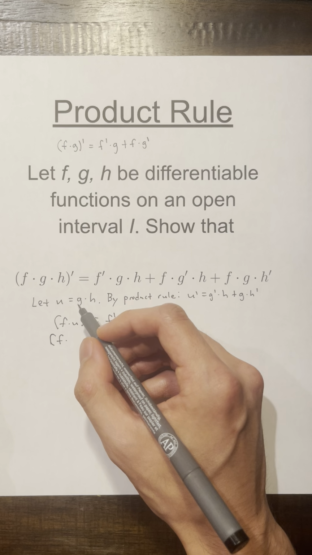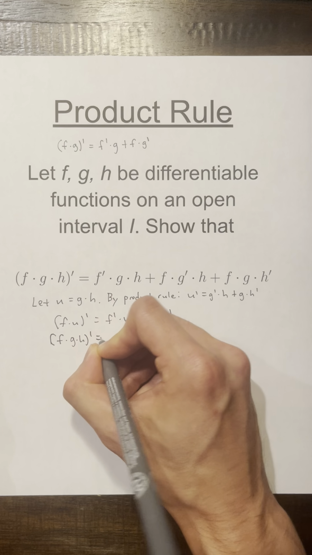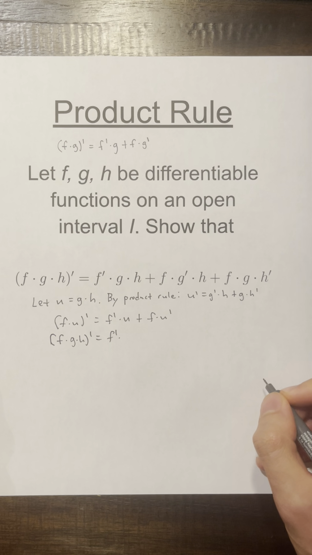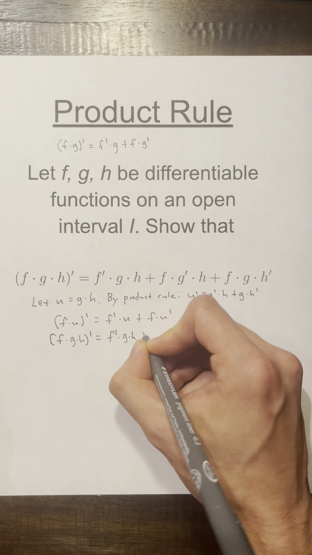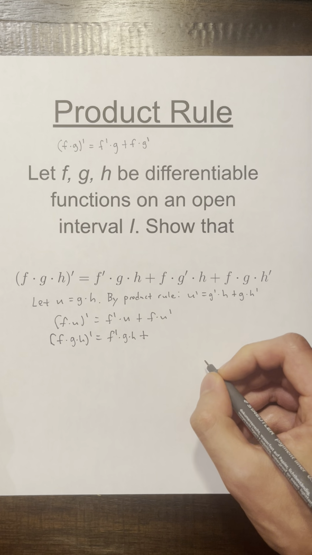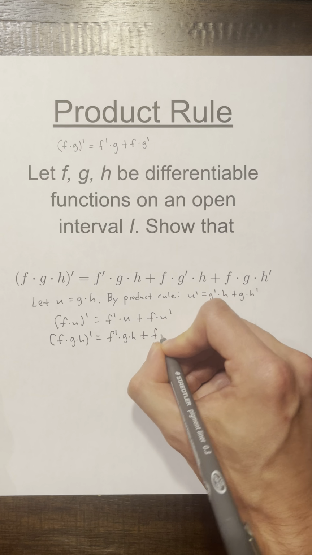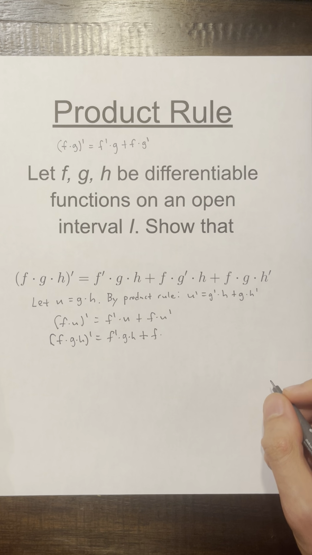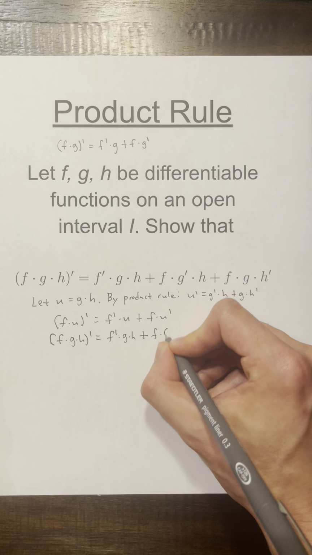G times h, is equal to f prime times how much? Times g times h, plus f times how much? U prime, so we'll change it to this.